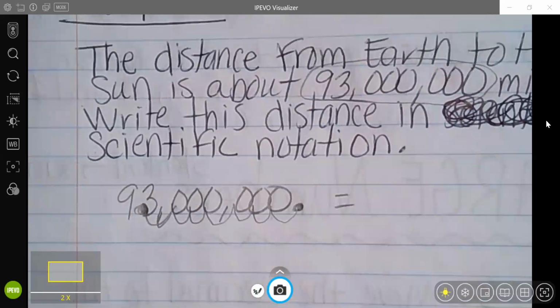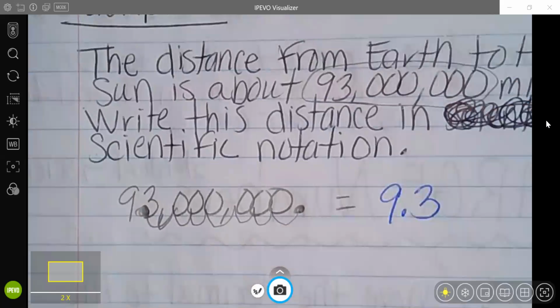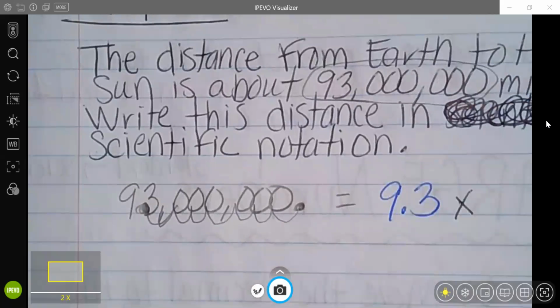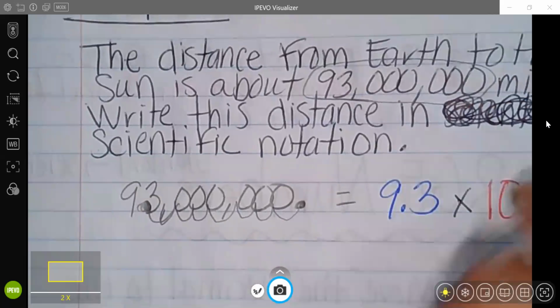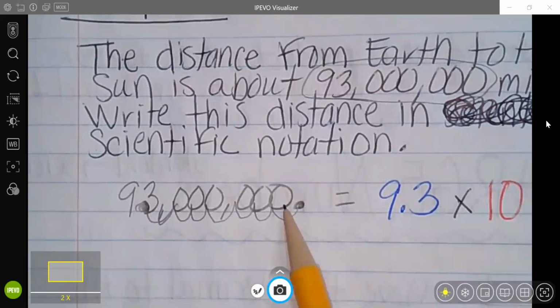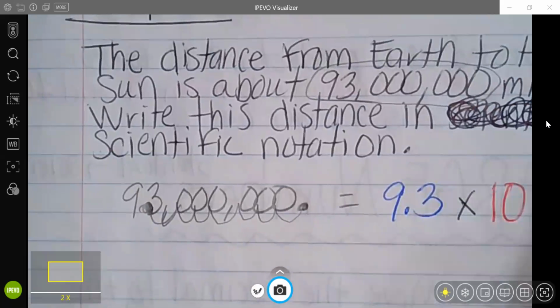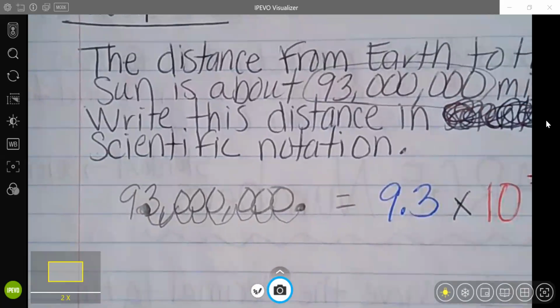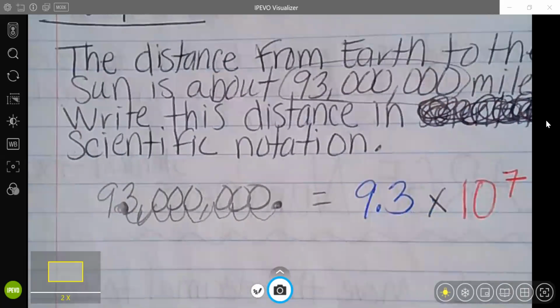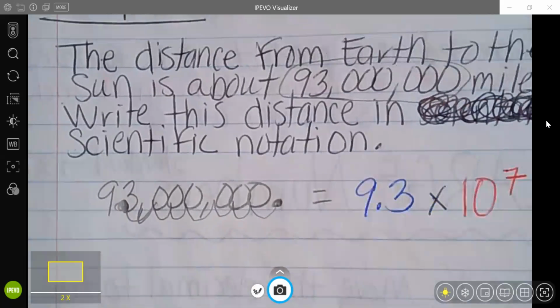So that would be factor number 1, 9.3 times, and I know my power is always going to be 10. Now I just need to count how many spaces. 6, 7. So we moved it 7 times. So there is our 93 million in standard form, 9.3 times 10 to the 7th power.